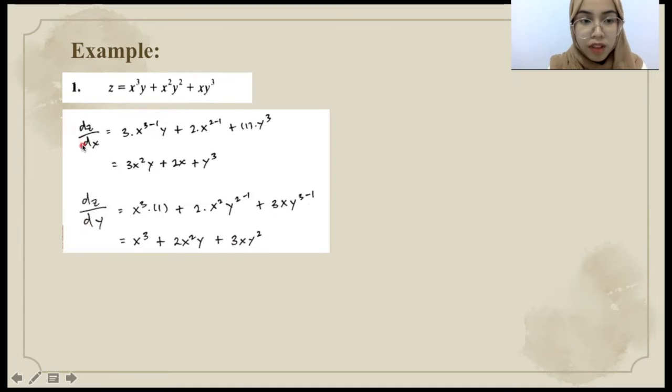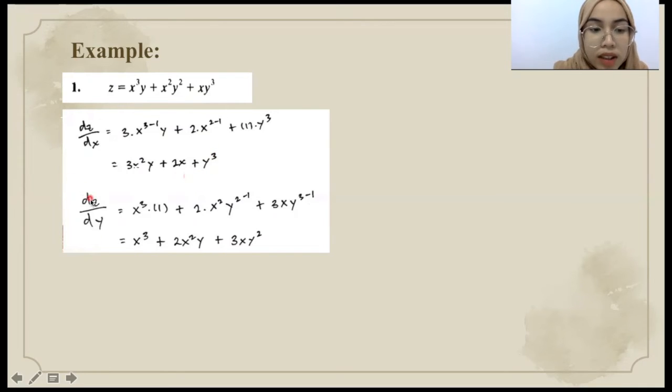So partial z with respect to x is 3 times x to the power 3 minus 1 times y, plus 2x to the power 2 minus 1 times y squared, plus 1 times y cubed. So the result is 3x squared y plus 2xy squared plus y cubed.